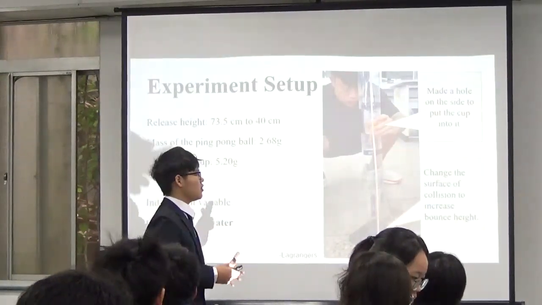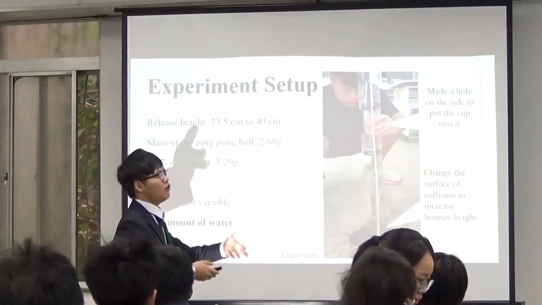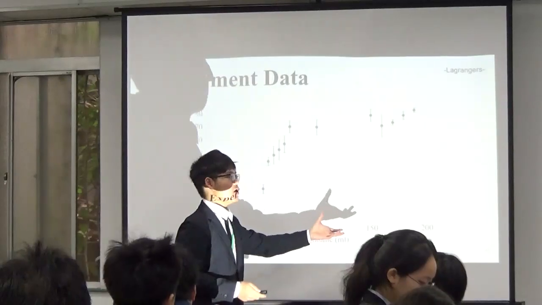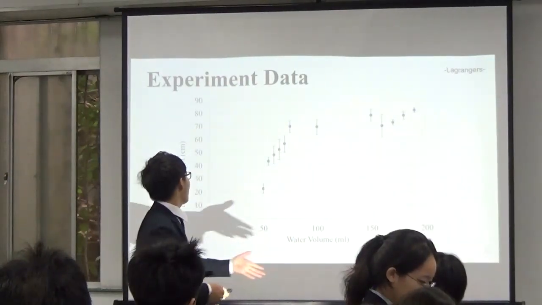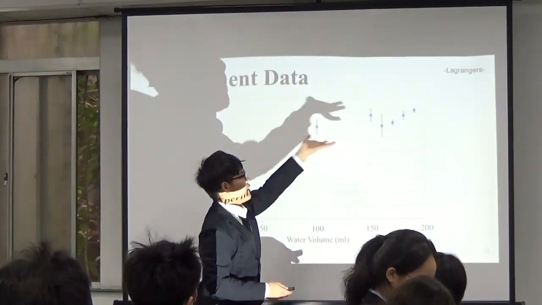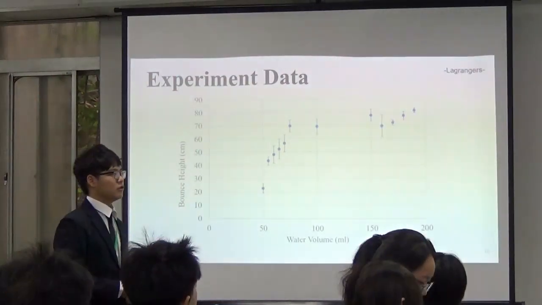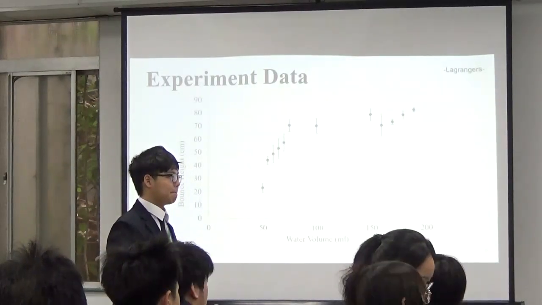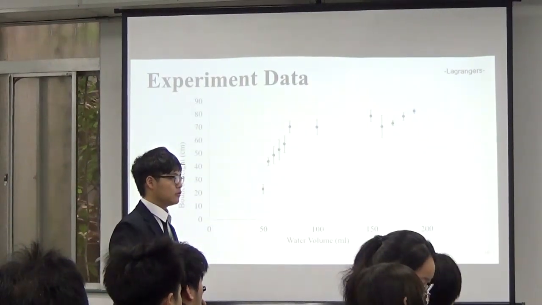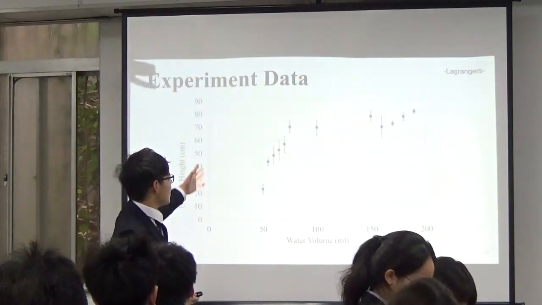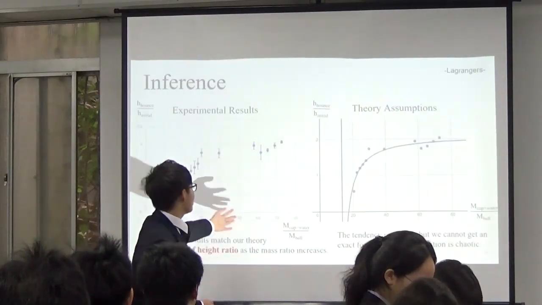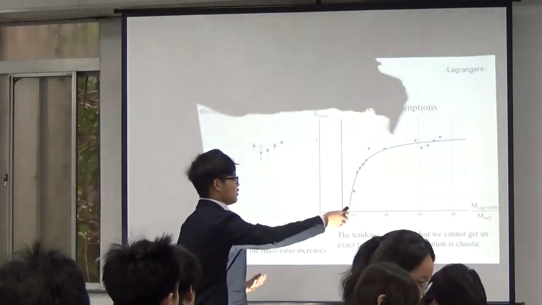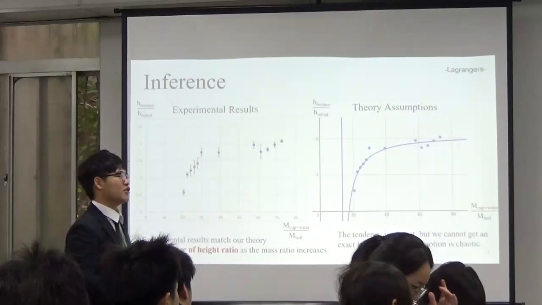We cannot make the water up to 2 liters because the container cannot hold that much water. However, we can see a convergence as the mass increases. So we assume that when there are 2 liters of water, the height is still about here. But here comes the problem. As you mentioned, the more the mass of water, the higher the ball gets, right? Yes, but there will be a convergence, meaning that it will converge at some line here, and will basically stay the same when the mass increases to a bigger magnitude.